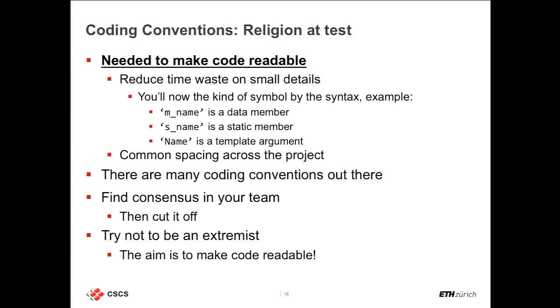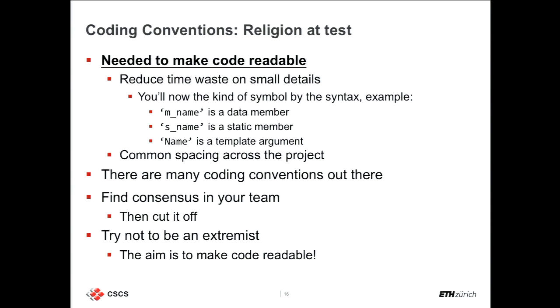Ideally, before starting a project, there should be a discussion in your team that says, okay, what are the coding conventions that we should apply here? And try to find consensus on it. This thing can be really, really horrible, like people fighting on the curly braces or a semicolon, and it just doesn't make any sense. Just agree on something, and everybody should do exactly that, so people can understand each other's code easily.